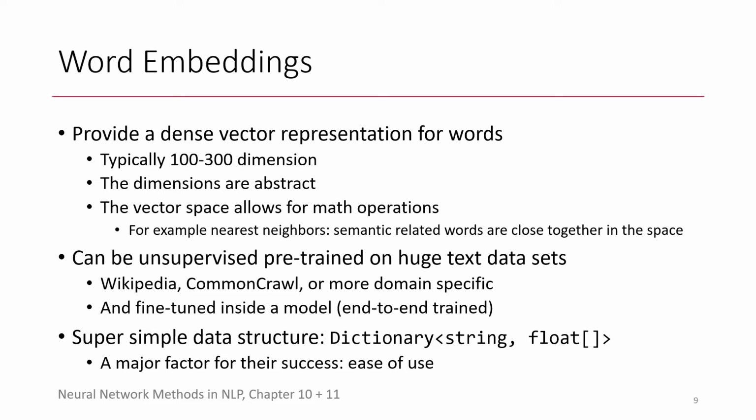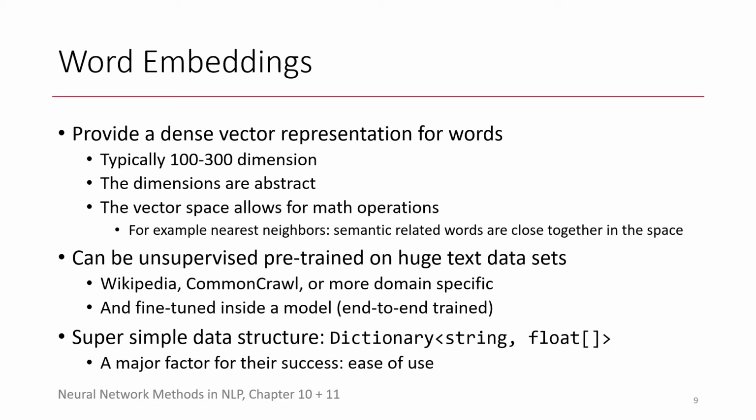The major factor why word embeddings are useful is that they can be pre-trained in an unsupervised way on huge text datasets such as Wikipedia or Common Crawl, which is a web crawl dataset that just contains general web text. Or, which is very good for word embeddings, you can just train them yourself from scratch on domain-specific data.